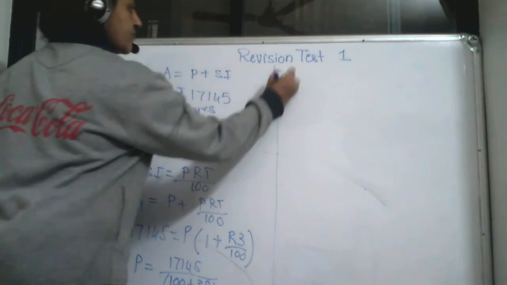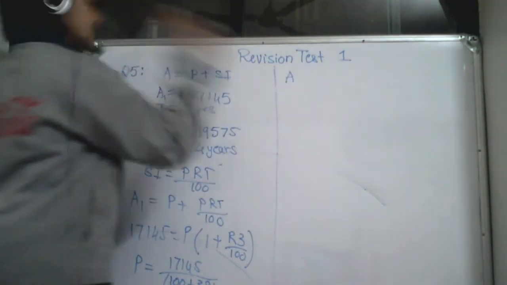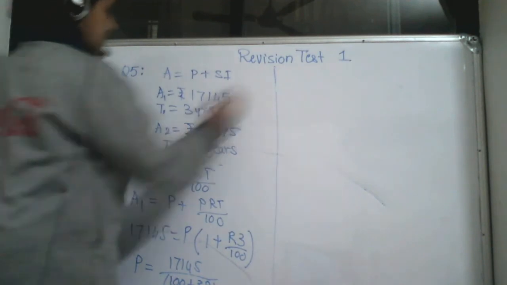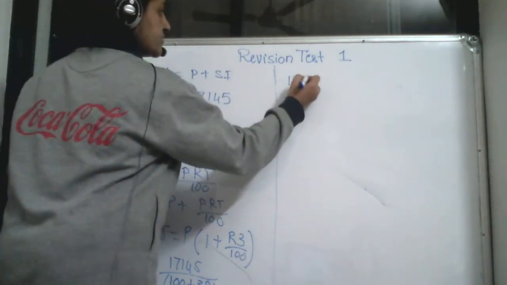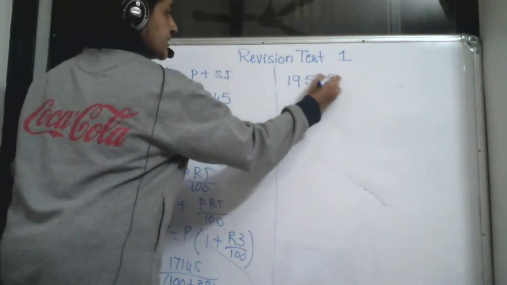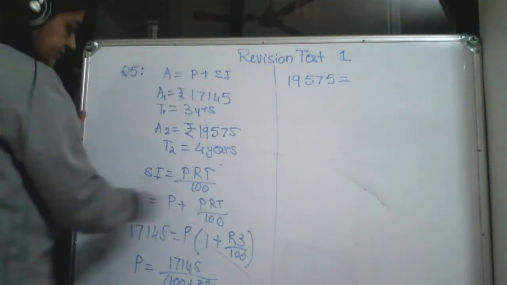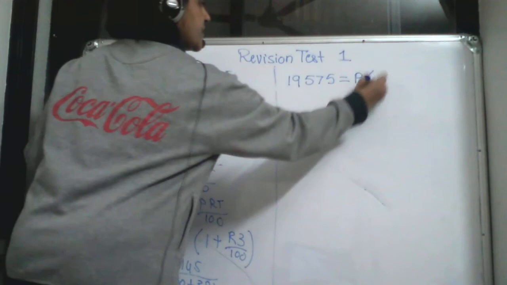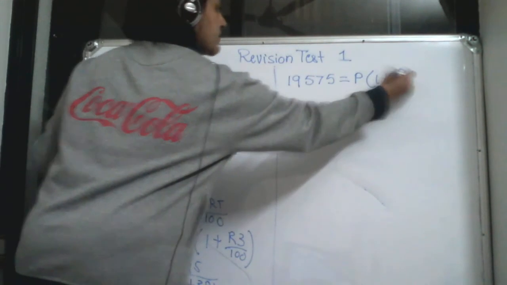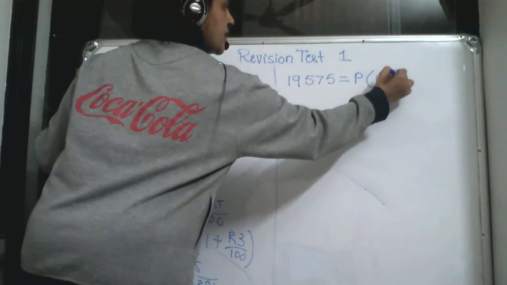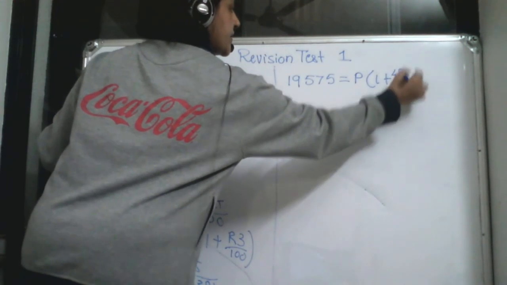So the second part, A2, is also the same. A2 is how much here? 19,575 is equal to, I am taking it directly now, I am not writing all this, P into bracket 1 plus R. How many years for the second one? 4. So 4R upon 100.